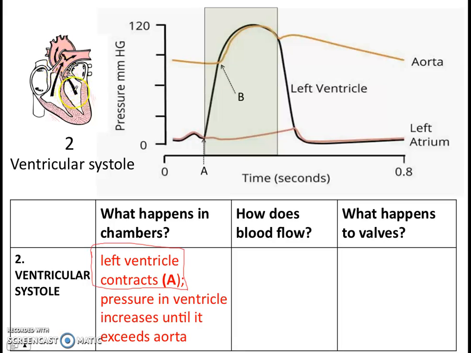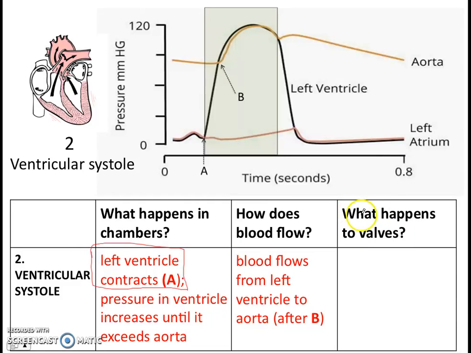Blood always flows from higher pressure to lower pressure. So as long as the left ventricle has a higher pressure than the aorta, blood will flow into the aorta. And so how does blood flow? Blood flows from the left ventricle to the aorta after point B.